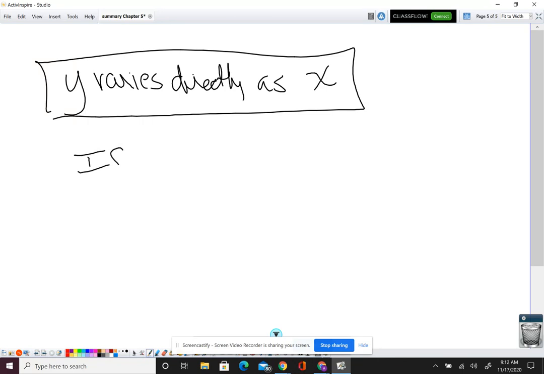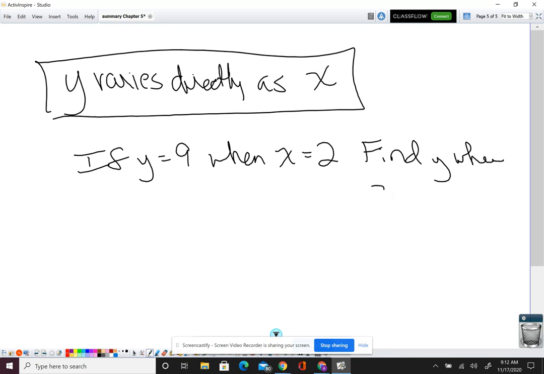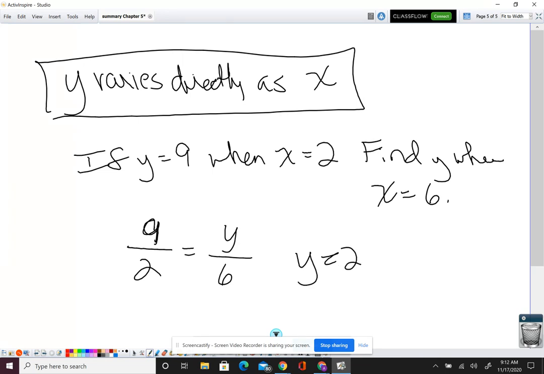So if y equals 9 when x equals 2, find y when x equals 6. So we always put the y's on top. 9 over 2 equals y over 6. What do you have to multiply 2 by to get to 6? That's 3. So 9 times 3, y would equal 27.